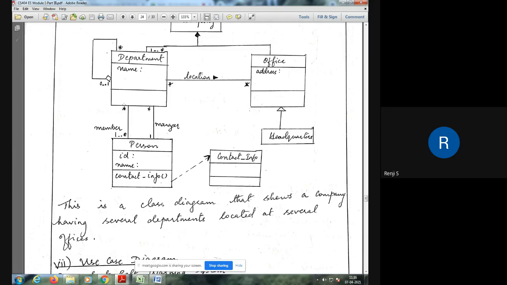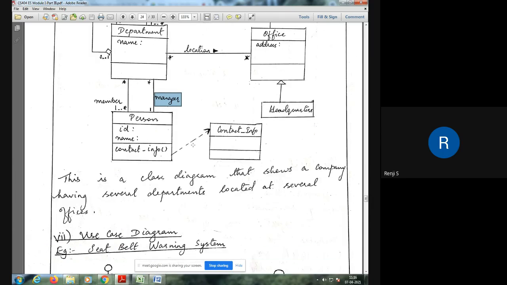So we call these numbers, the star and one, etc., the cardinality of the relationship. Since these are solid lines, as we have discussed earlier, this shows an association relationship, and association has adornments. Adornments give additional meaning to these relationships. So cardinality is one adornment, and naming the relationship is another adornment for association.